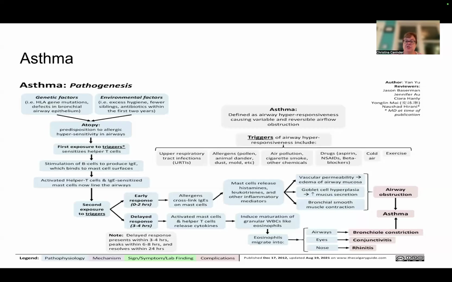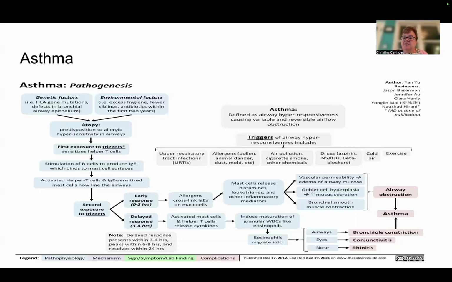Your allergens cross-link to the IgE on the mast cells, and they release histamines, which are not always our friends, leukotrienes, and other inflammatory mediators. We've talked about these. They increase vascular permeability, so you have more fluid getting to the airway mucosa. Your goblet cells produce mucus, and they become hyperplastic, so they enlarge and you have even more mucus.